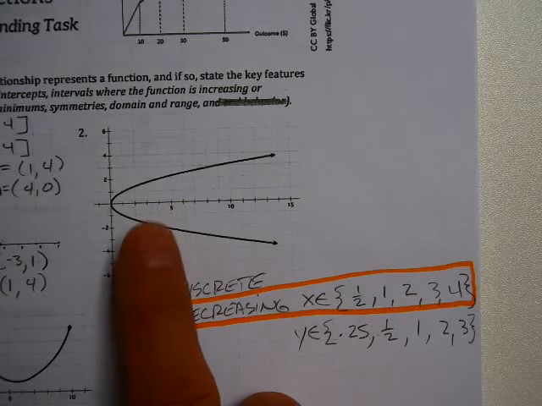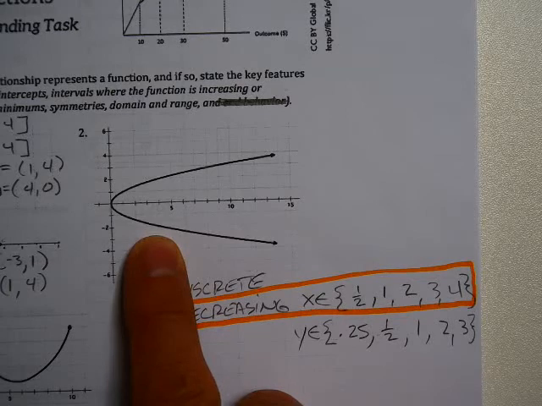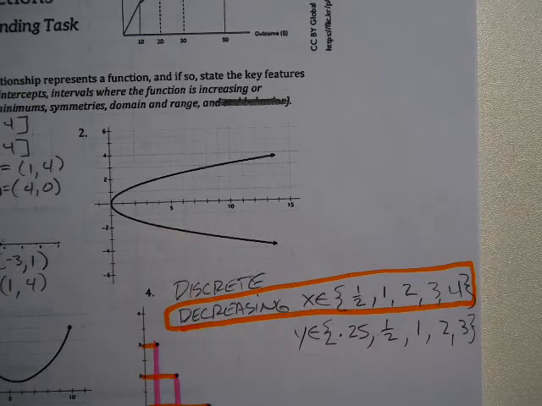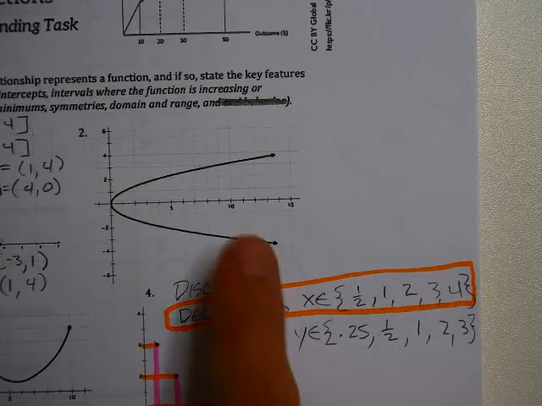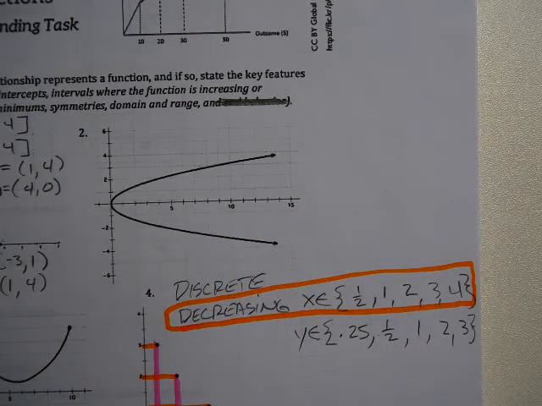If it's not a function, it causes us some problems. We can get the domain and the range, but the maximums and the minimums and increasing, I think the real problem here is, what's it doing? Is it increasing or decreasing?